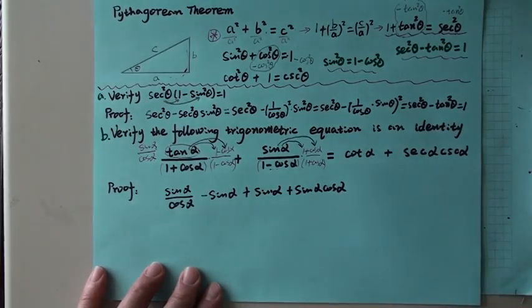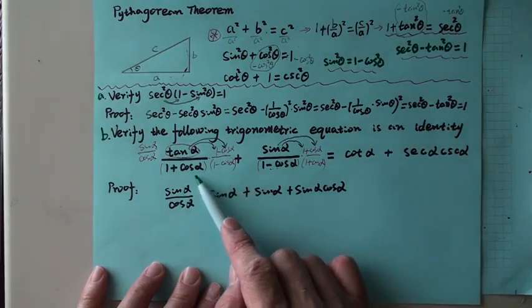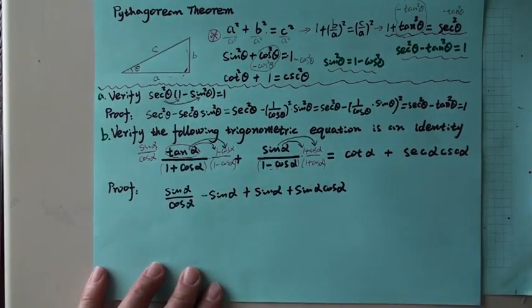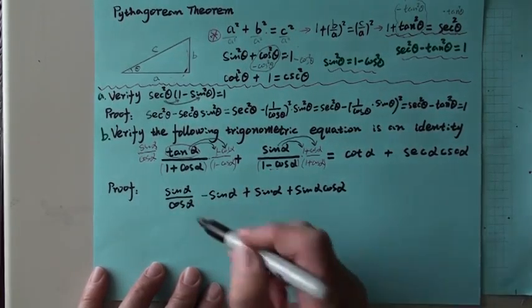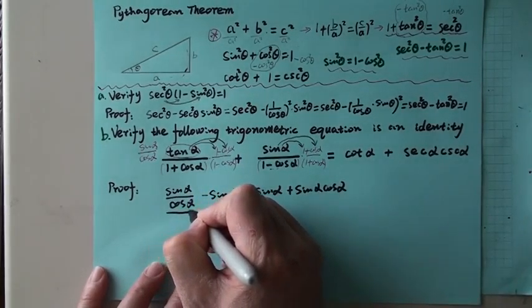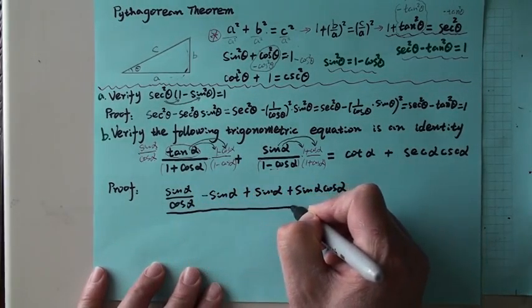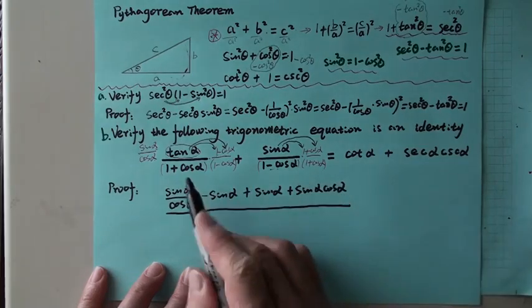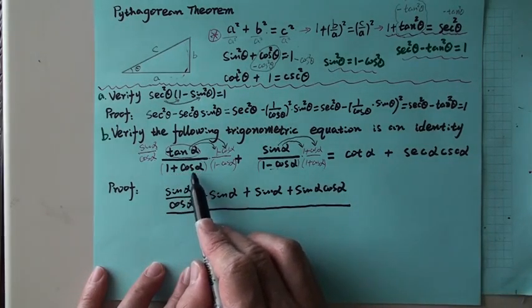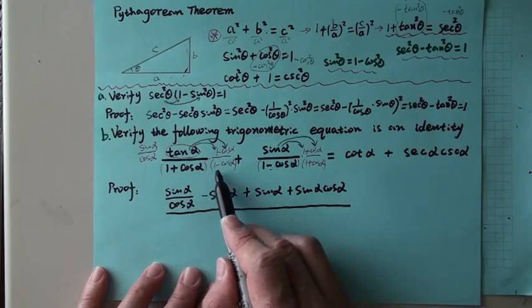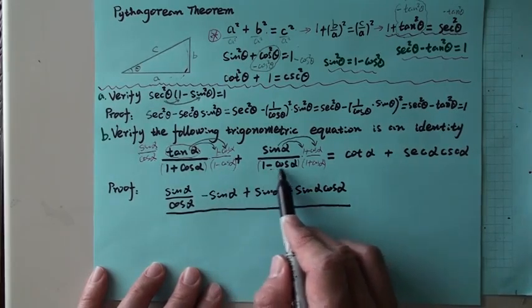Now, the denominators are the same. You may write over 1 plus cosine alpha times 1 minus cosine alpha.